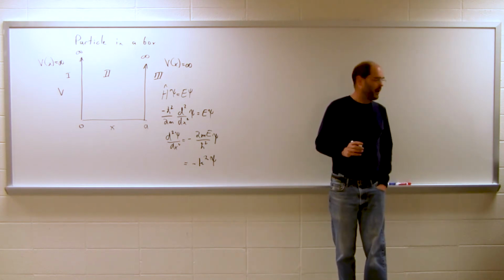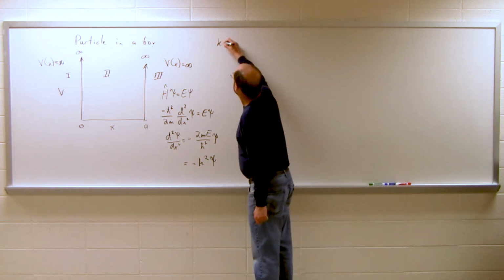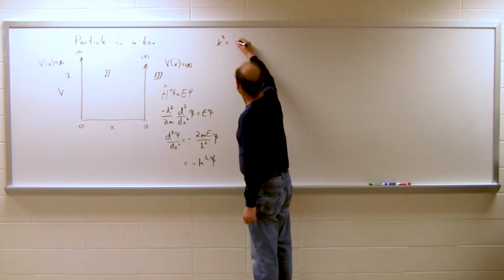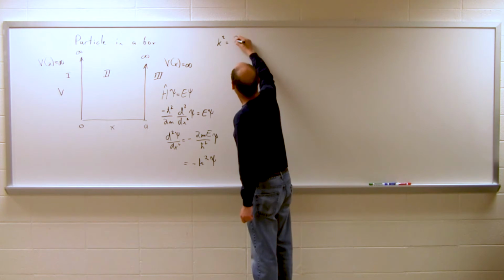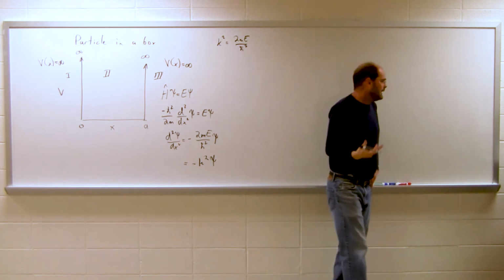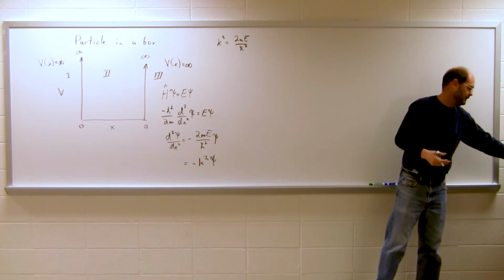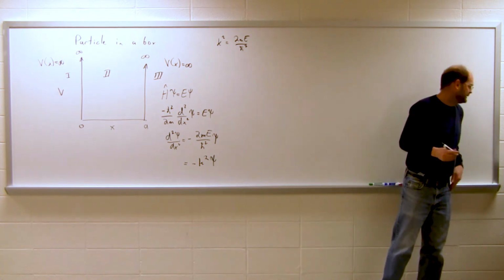So what I know is that k squared is equal to 2mE over h bar squared. What function do I have which meets these criteria? Well, I've got a couple of possibilities.